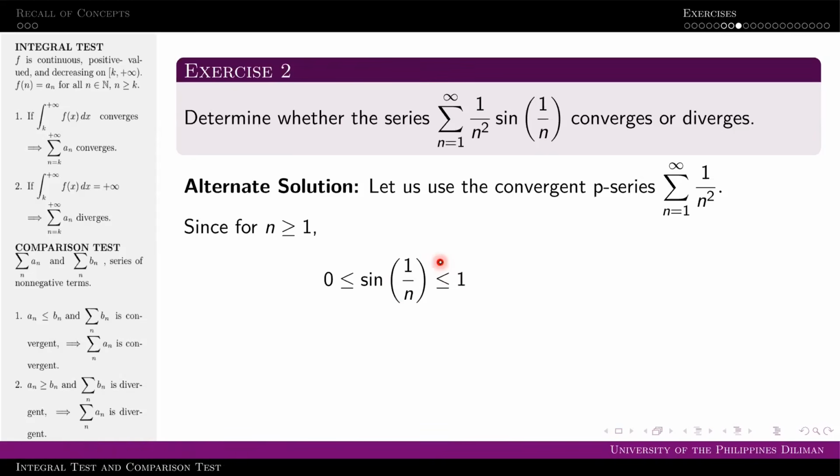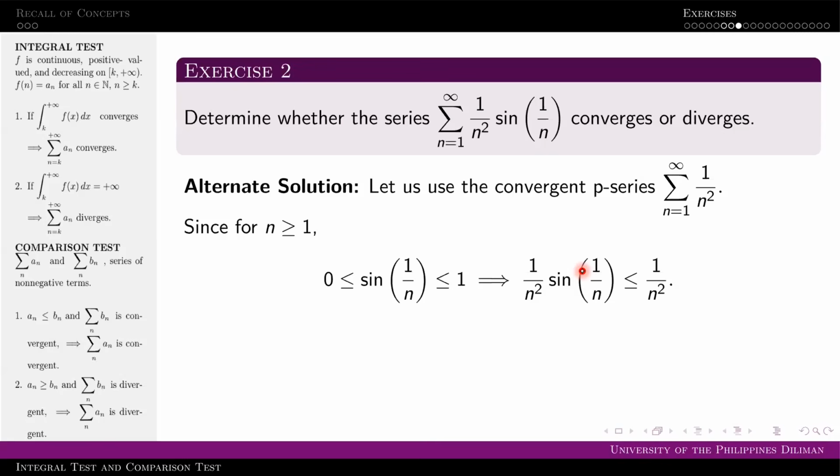This right-hand side kasi we want our original a_n to be less than a convergent series para makonclude natin convergent siya. So dividing both sides by n squared, we will arrive at the following inequality, which gives us a series na mas malaki kaysa dun sa original series natin, and that is the case 1 ng comparison test.